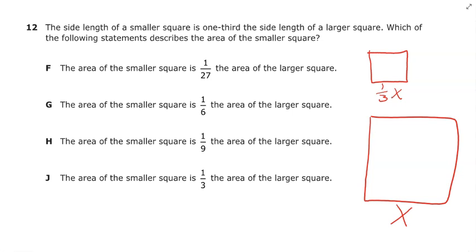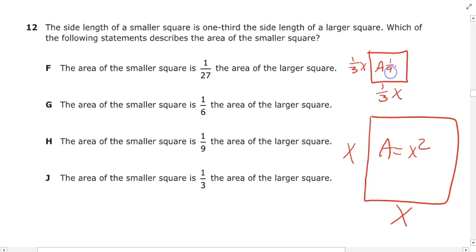So if I was to find the area, this would be x, and area of a square is base times height, or x squared. And if I found the area of this one, it would be 1/3 x times 1/3 x. Area equals 1/9 x squared.